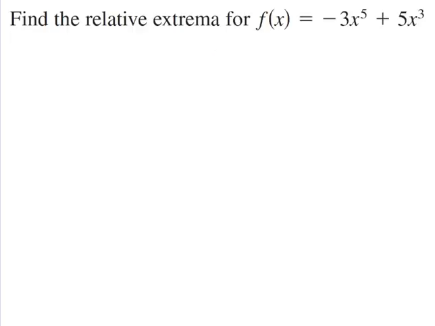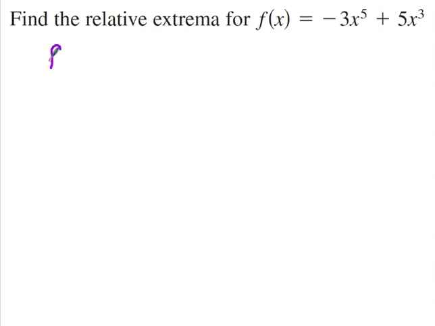Find the relative extrema for f of x equals negative 3x to the fifth plus 5x cubed. You know when to use the second derivative test because it'll say so, and in your homework it does say use the second derivative test.